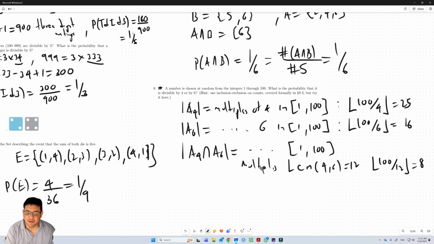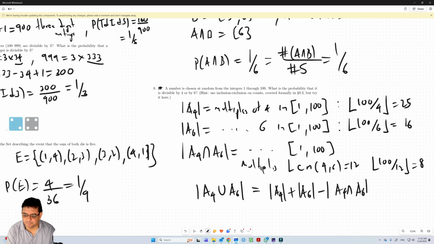And so now the probability of being divisible by either 4 or 6 is the probability of the union, right? So we're going to aim to find the union. The union can be found by first finding the count divisible by 4, the count divisible by 6, and then removing the common between them once, because the common ones are counted twice.